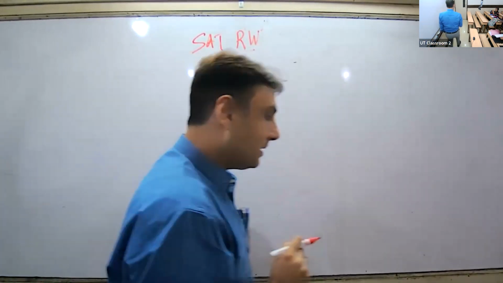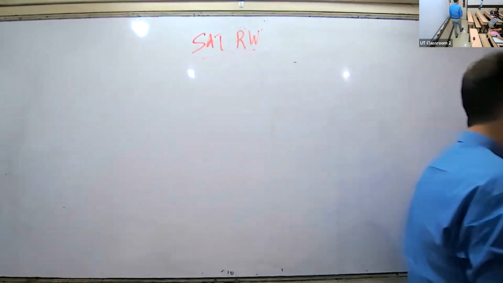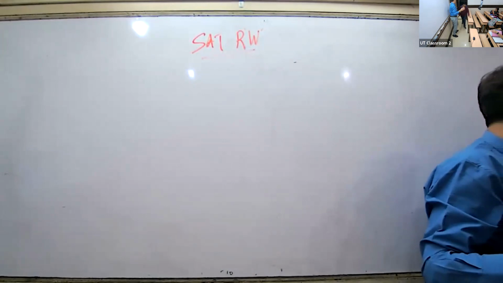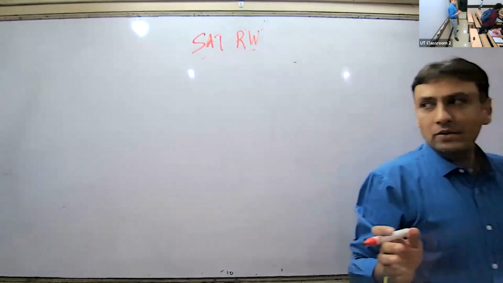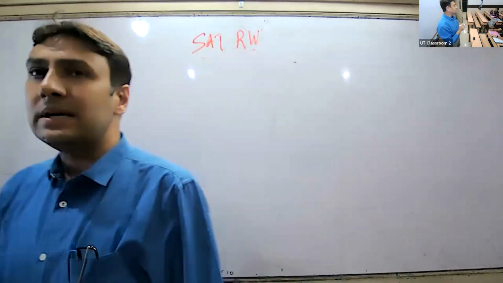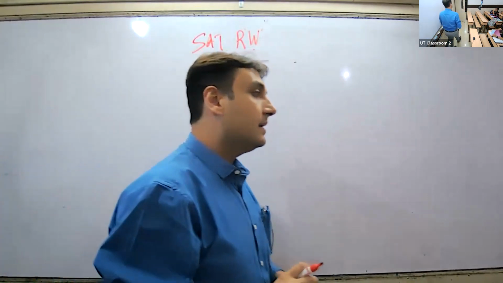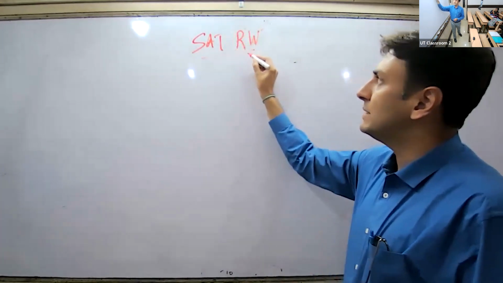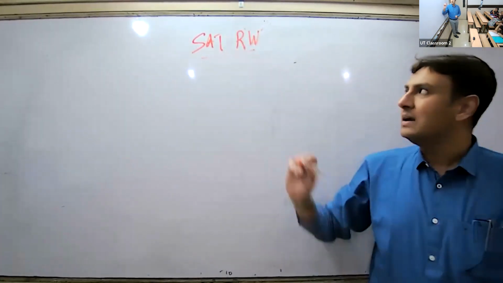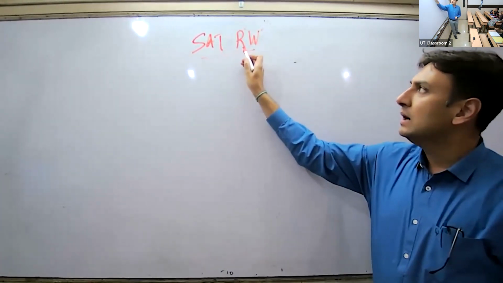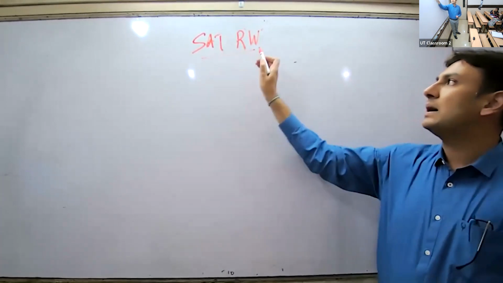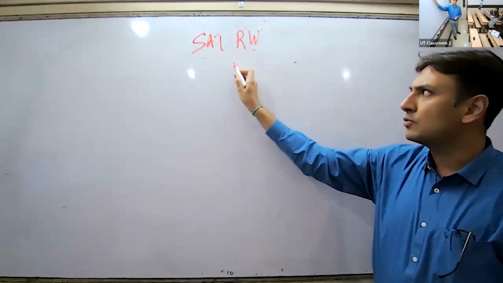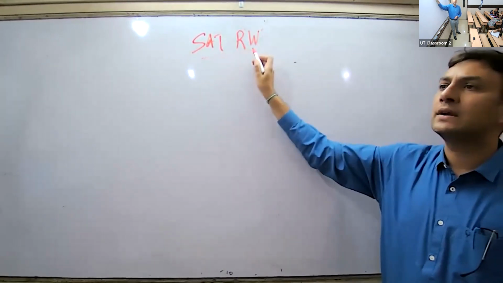Now, what has happened? If you look into the new SAT, the digital SAT, both these sections have been combined. Before this, there were two sections: one linked with the reading part, and the other linked with writing, language, and grammar. This was all about reading, evidence, critical reading, comprehension.